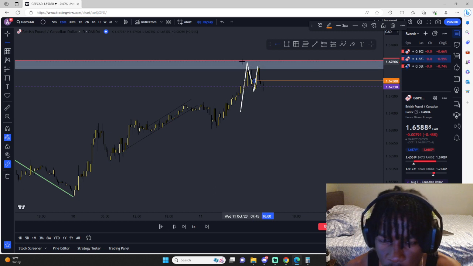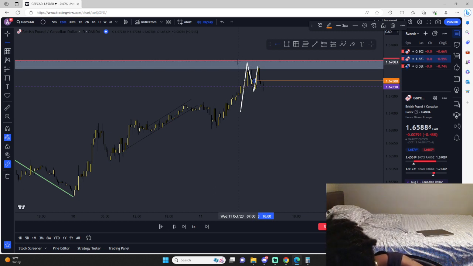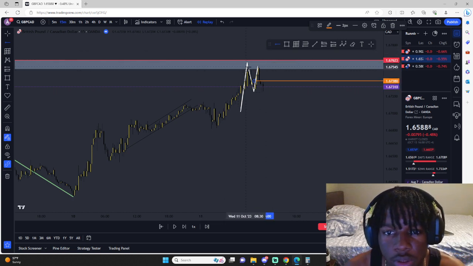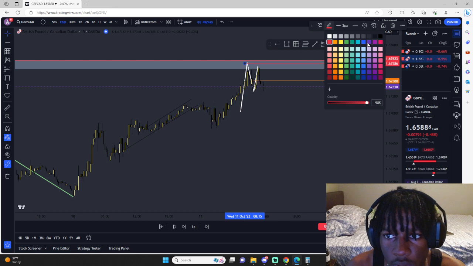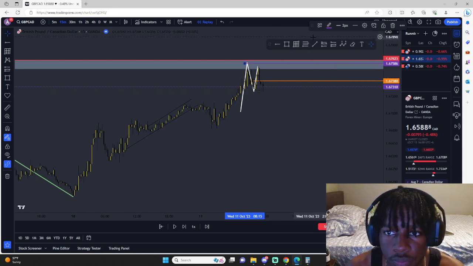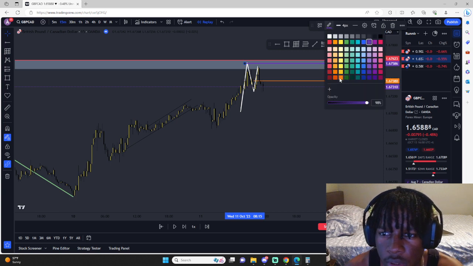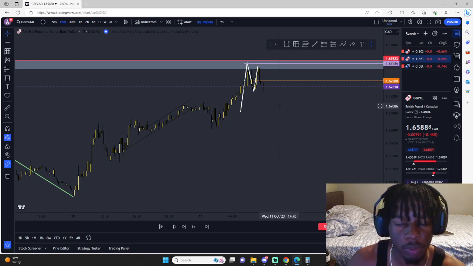Stop loss was right here, if I'm not mistaken, which was like 16 pips. Let's make this purple. So, let's make this lighter purple. Yeah, let's make that lighter purple.